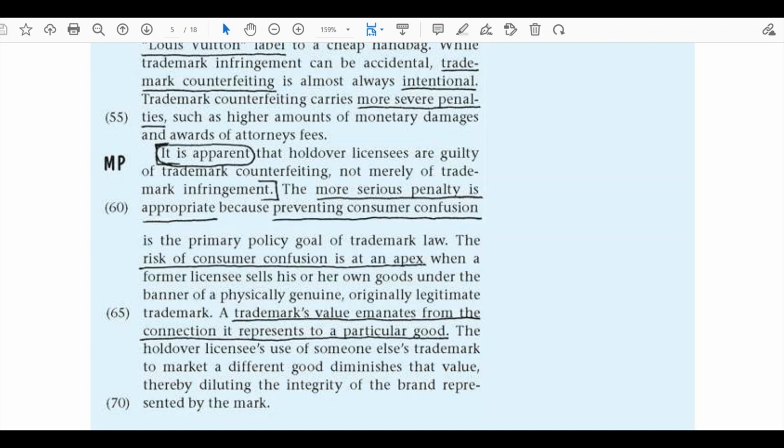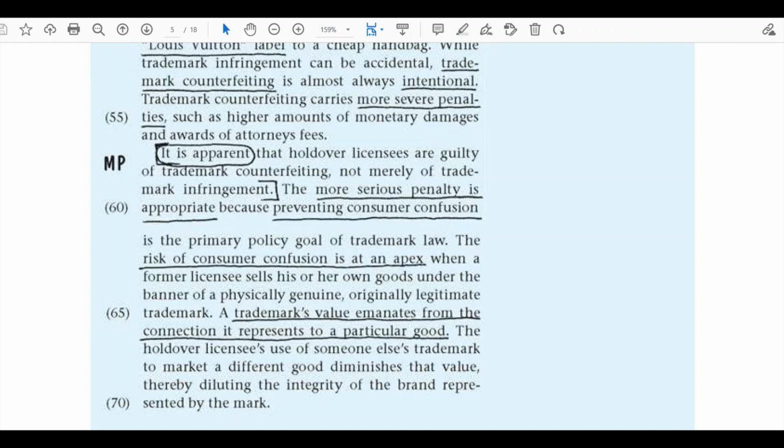And the last main point paragraph is that it's apparent that holdover licensees are guilty of trademark counterfeiting, not merely of trademark infringement. The more serious penalty is appropriate because preventing consumer confusion is the primary policy goal of trademark law.